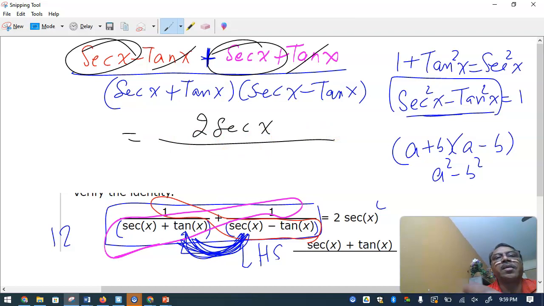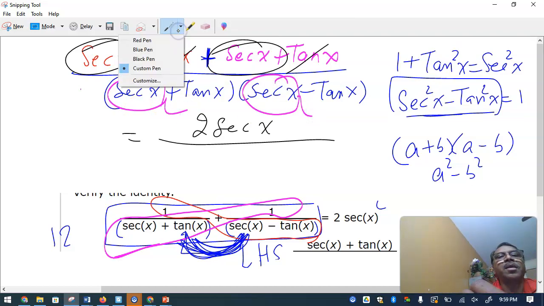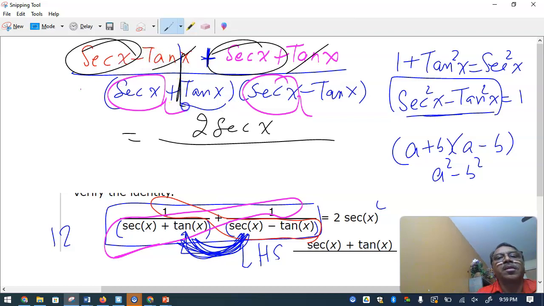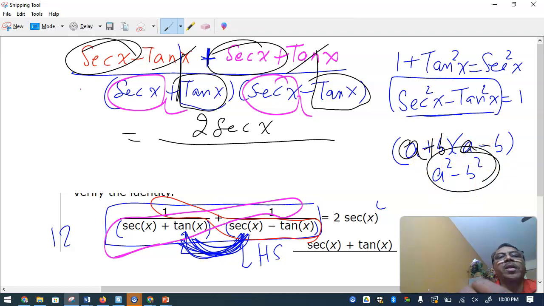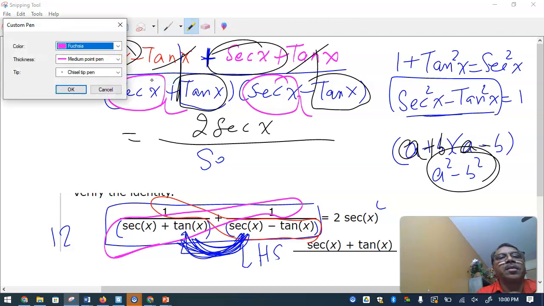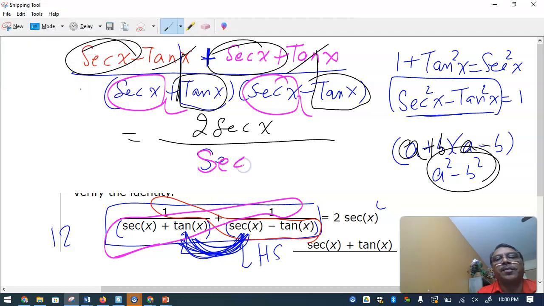But the denominator is of the form a plus b times a minus b, so the formula is like this: a plus b, a minus b is a square, so you square the pink, and then minus you square the black.